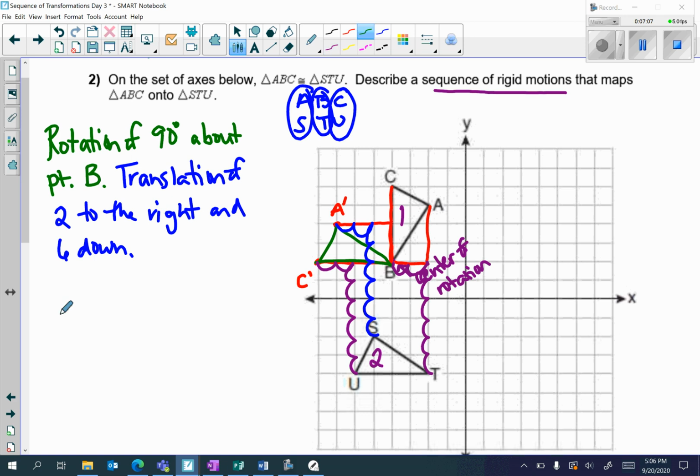Again, if we wanted to use the notation, we have capital R, 90 degrees, about point B, and then a translation, capital T, of 2, comma, negative 6. Don't forget there are other ways to answer this problem.